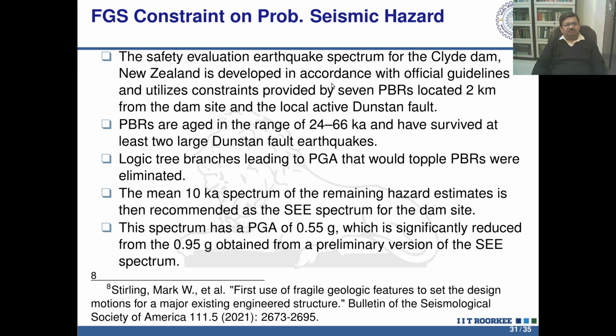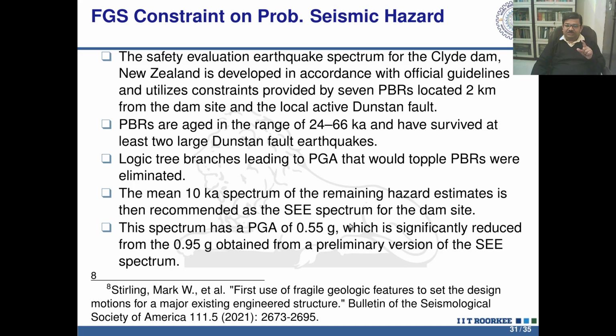Those have survived at least two large 7 plus Dunstan fault earthquakes. So when they used probabilistic seismic hazard analysis, the logic tree branches leading to a PGA that would topple these precariously balanced rocks were eliminated. Then the mean 10,000 year return period spectrum for the hazard estimate, used as the safety evaluation earthquake, was evaluated to be 0.55 after removing these branches.